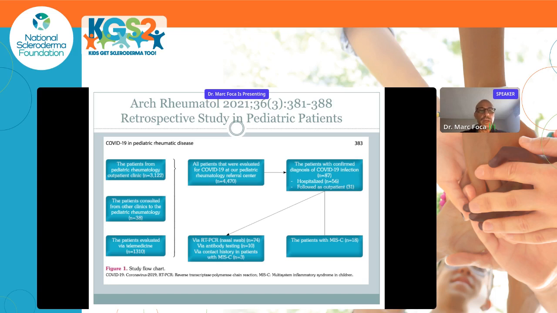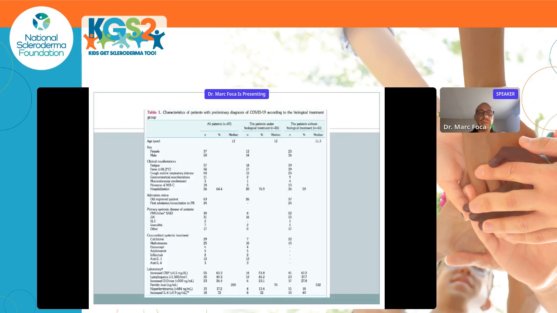And so when they looked at these patients, they split them up into patients who were receiving biologic treatment and those who were not receiving biologic treatment. And you can see that those receiving biologic treatment had a wide range of modifiers being used, from TNF inhibitors to anti-IL-1 and anti-IL-6 inhibitors.